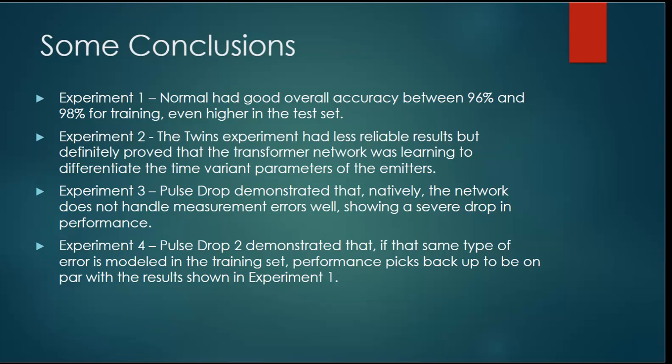My best guess there is that stable PRI types, seeing such a severe change in PRI and what was previously considered to be a stable PRI, I'm assuming threw off that filter in the network, causing it to pick one of the more agile emitters that was nearby parametrically. And then, of course, Pulse Drop 2 showed that once it could see that error in the training set, it had performance results that were pretty much on par with Experiment 1.